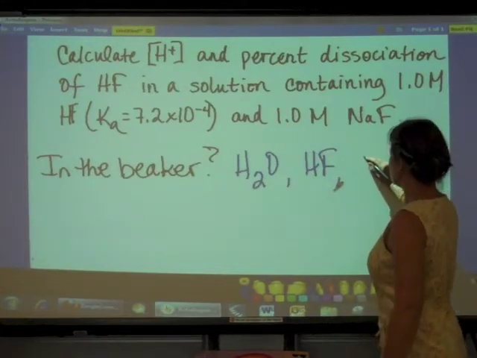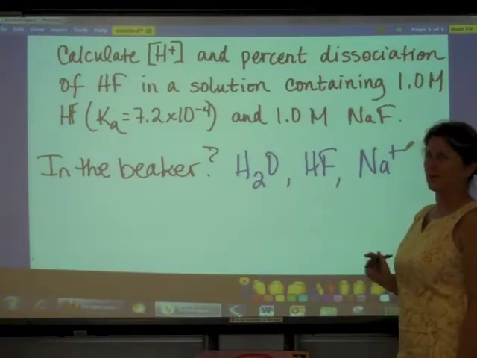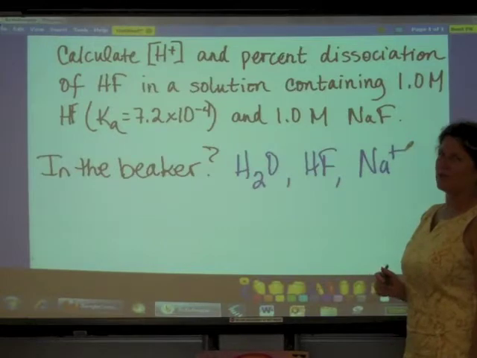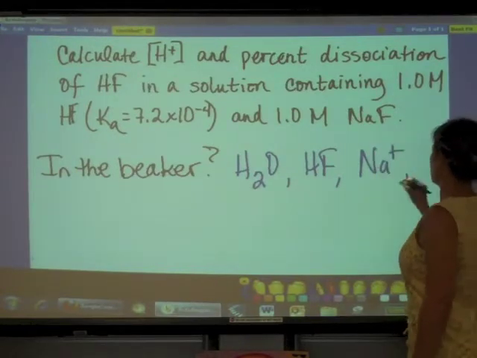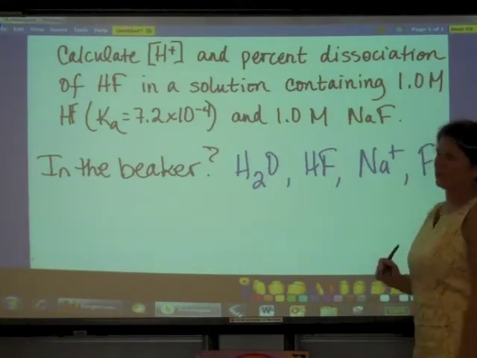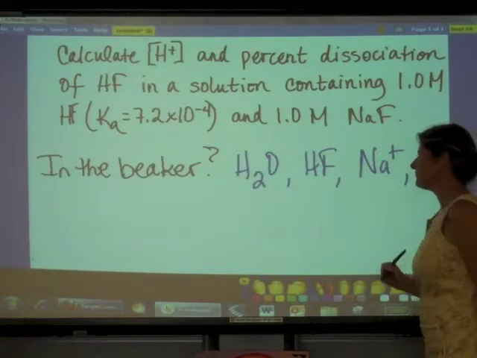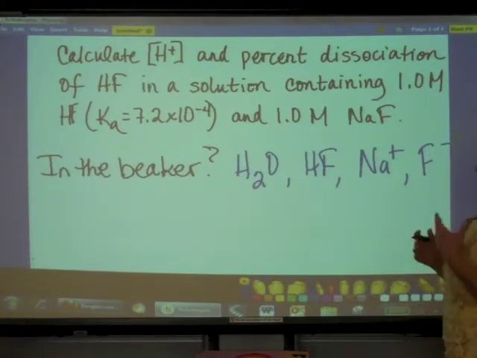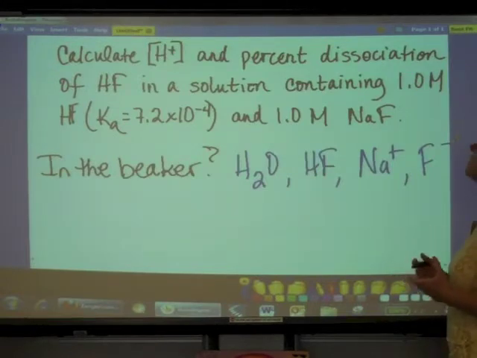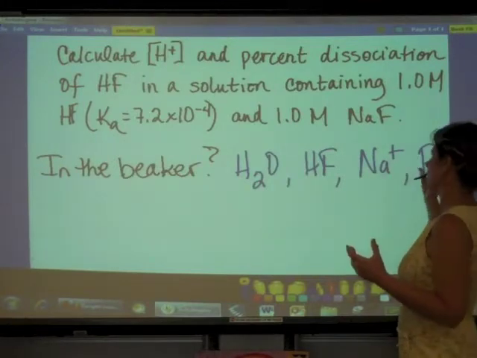And we also have sodium ion. Where's the sodium ion coming from? The sodium chloride salt. And what else do we have in solution? We've got that fluoride ion in solution. Now, what are the major species in this solution? Well, these are the major species.